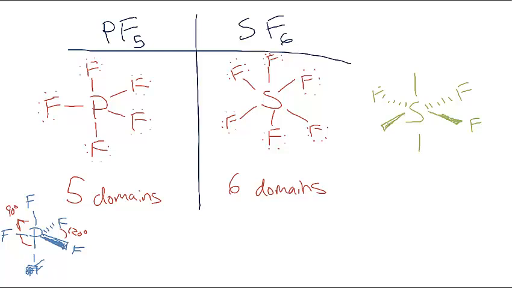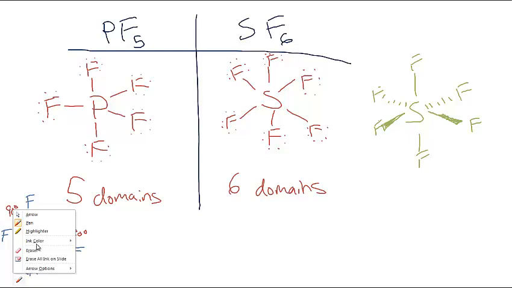So the way you would draw that is like this. The ones coming into and out of the board really are flat, right? They would be flat coming into and out of the board. And all of the angles are 90 degrees.